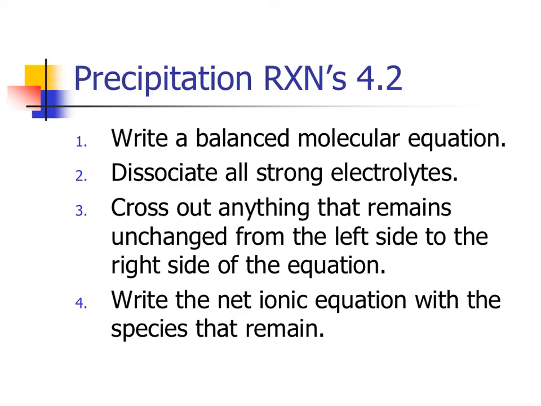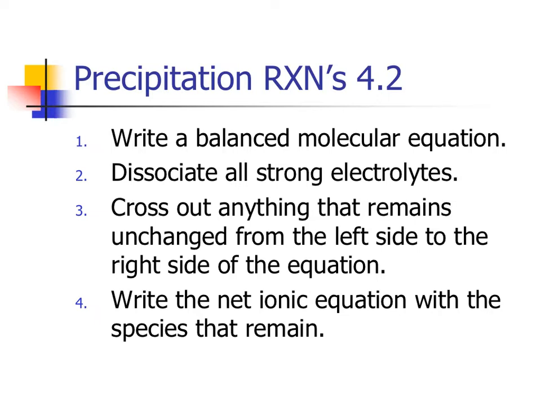Then write the net ionic equation with the species that remain, meaning everything that's left. Because we don't want to say ionic compounds or molecular compounds, we just say the species that remain, whatever's left.